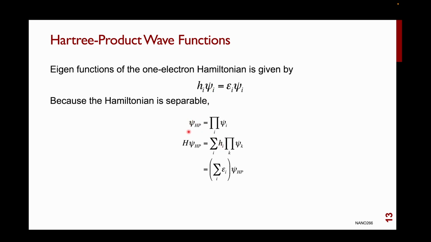Now, because your overall Hamiltonian is separable, your Hartree-Product wave function is just equal to the product of your individual electron wave functions, and you can show that your total Hamiltonian multiplied by your Hartree-Product wave function is just equal to the summation over i of h_i, times the product of each of your one-electron wave functions.